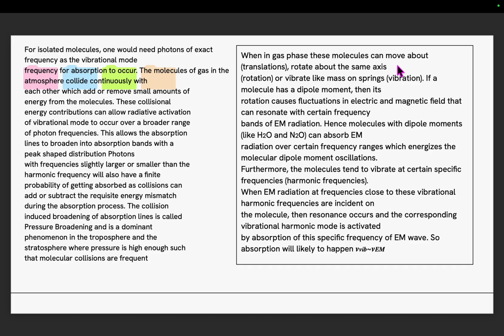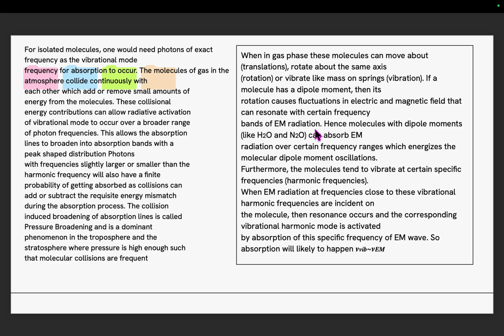If a molecule is made up of different kinds of atoms, such as CO2 or H2O, it has a strong dipole moment, and its rotation is caused by fluctuation in the electromagnetic field that can resonate with certain frequency bands of electromagnetic radiation.